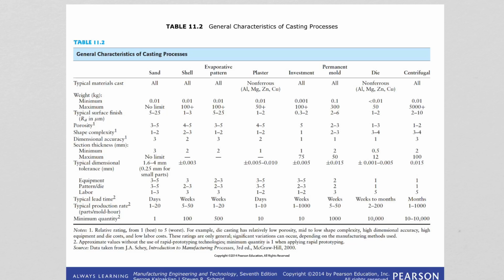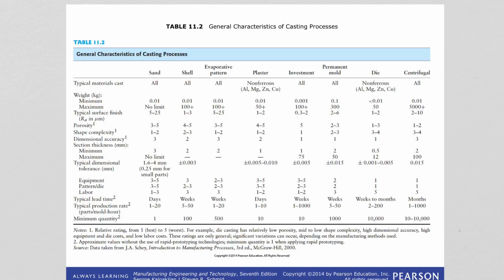Because all parts will have not only one thickness, there is going to be a range of thicknesses in a single part, and that should be within the limits of the processing technique. So maximum thickness and minimum thickness information is given to us. And also typical dimensional tolerance. That means plus and minus, the error range. Think about it that way.